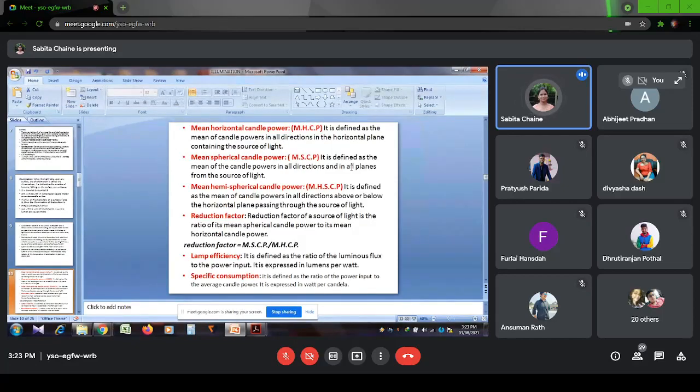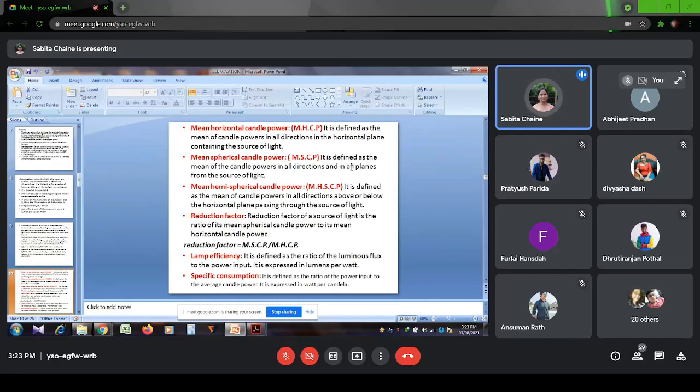mean hemispherical candela power. It is defined as the mean of the candela power in all directions above or below the horizontal plane passing through the source of light, hemispherical. So according to the plane, we can find the reduction factor.